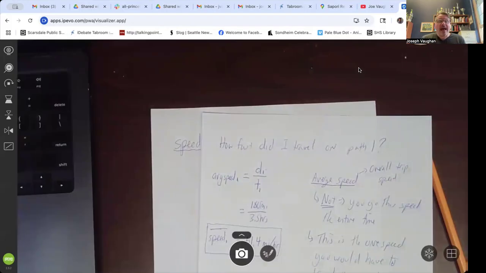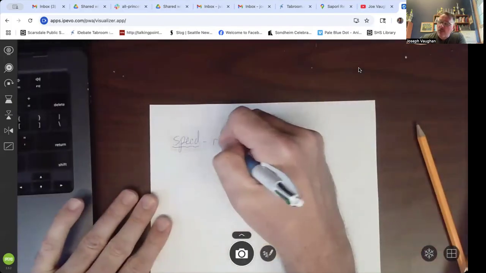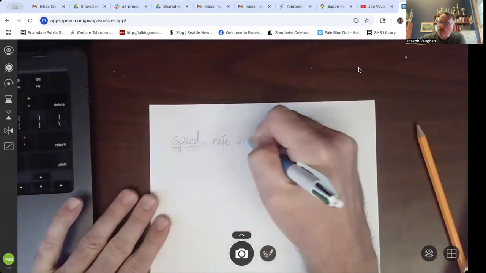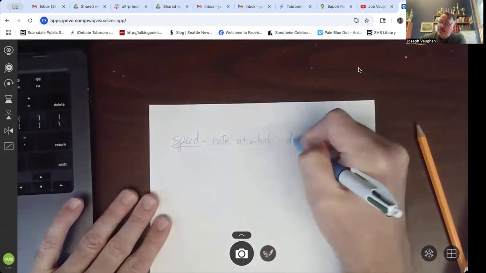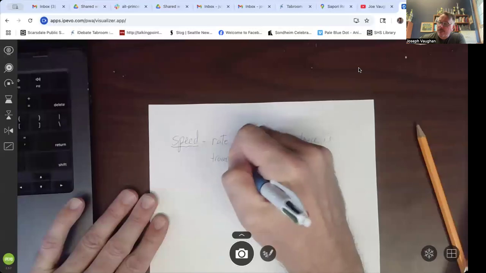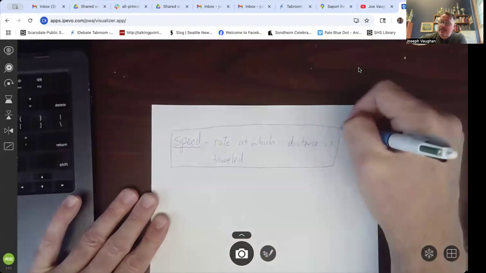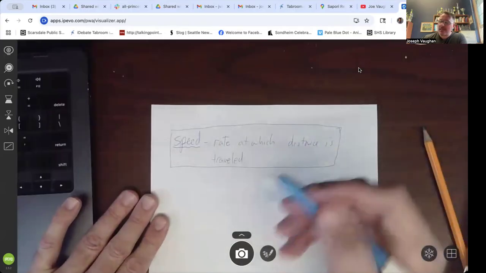It's a ratio of how something is changing through time. And we have a name for ratios that talk about how a quantity changes over time. And those are rates. So what's speed? Speed is the rate at which distance is traveled. Very simply. And so I'm going to box that as an idea. The rate at which distance is traveled.